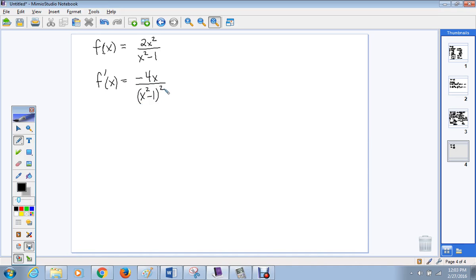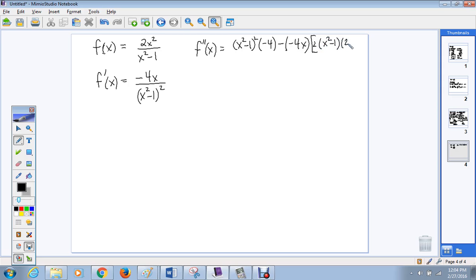Now we would have to apply the quotient rule to find our second derivative. So we'd have the bottom times the derivative of the top minus the top times the derivative of the denominator, which would be 2 times x squared minus 1, subtract 1 from the exponent.